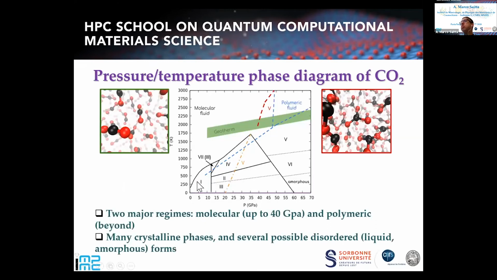The green shaded region here corresponds to the conditions inside the Earth, where CO2 is in a fluid form, but a fluid which is known to go from a molecular form to a polymeric form. Very little is known about that because these conditions of temperature and pressure are very extreme, so experiments are very, very difficult.